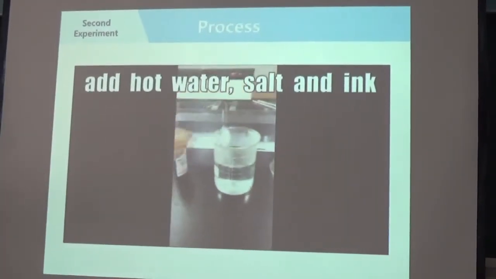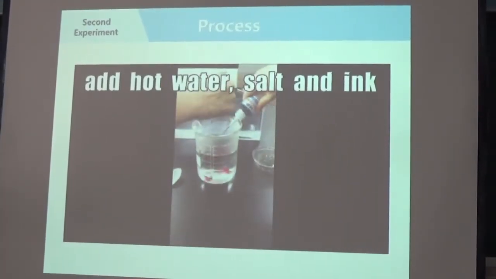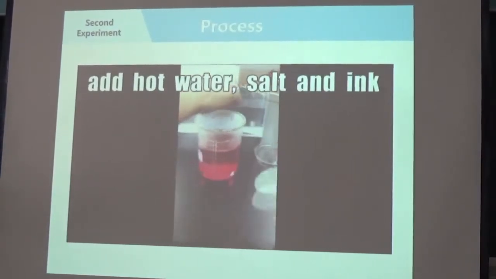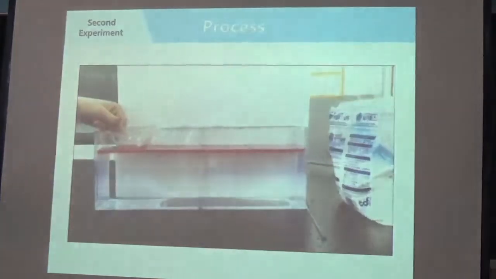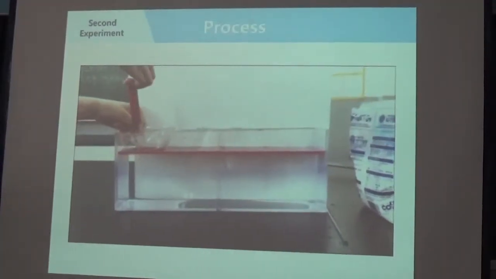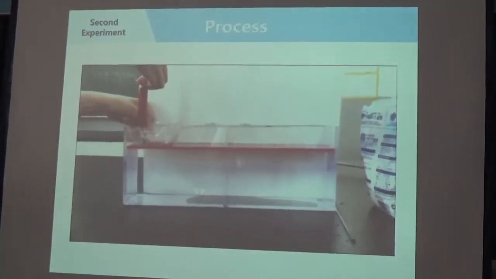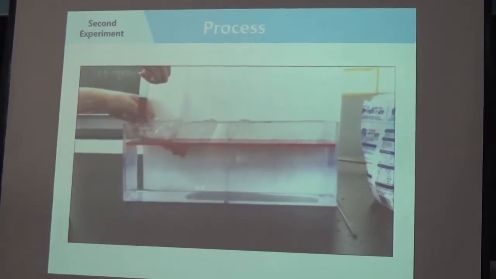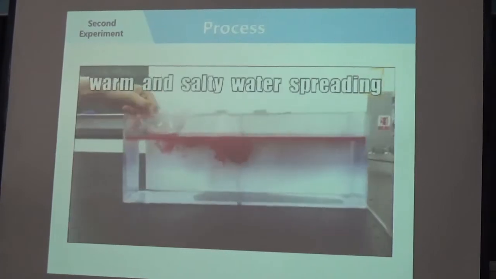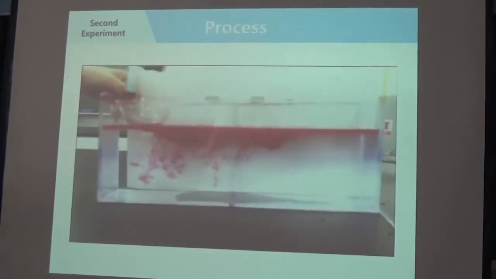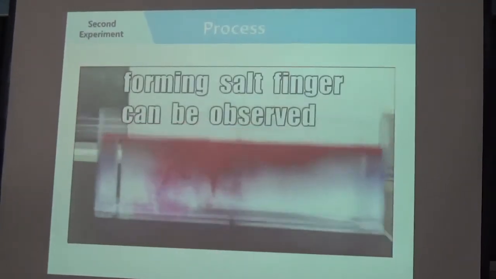In the beaker, add hot water, salt, and ink to make warm and salty water. The reason why the bowl cap is upside down on the surface of the cold water is to reduce the force of the falling water, and then the warm and salty water spreading, forming salt finger, can be observed.